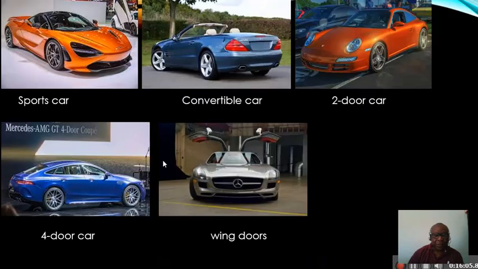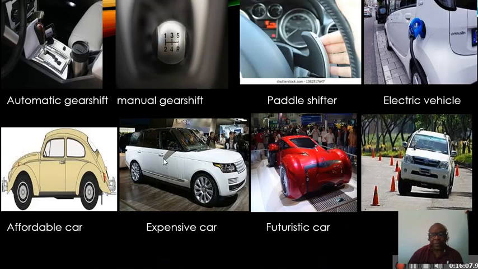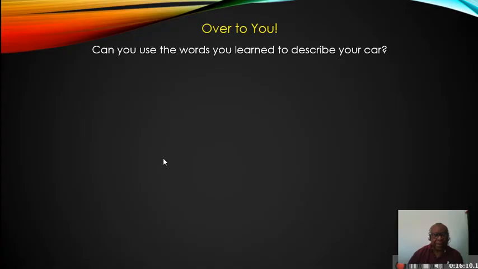Now over to you. So use these words and now describe your own car. Can you use the words you learned in this class to describe your car? Put as many words as you like.